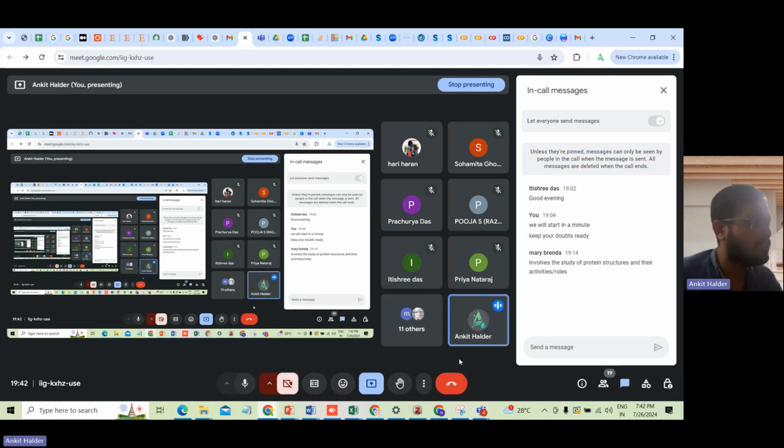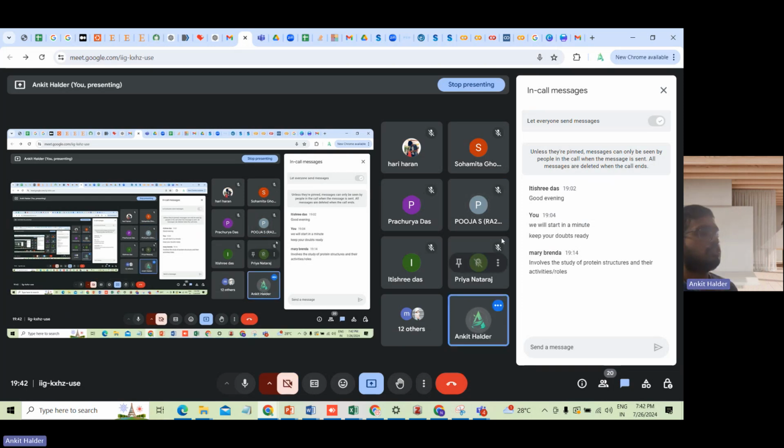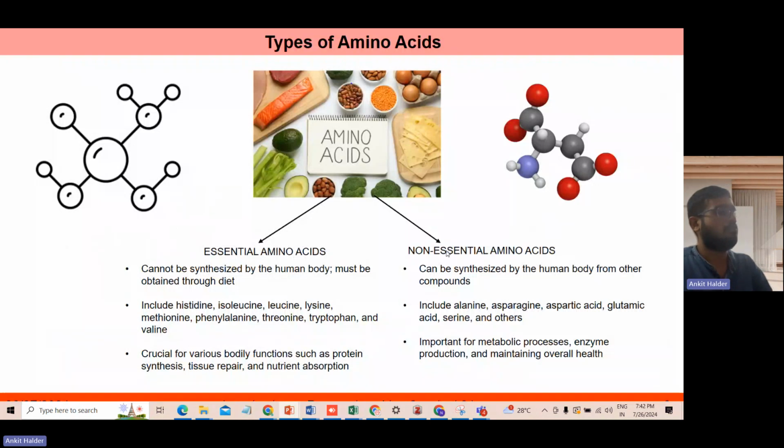So what are essential amino acids? Yes, Pooja, go ahead. Correct. So essentials are the ones which our body is not able to synthesize and are required in the diet, whereas non-essential ones can be synthesized by our human body from other compounds, mostly other precursors, and we do not need to take them from our diet.